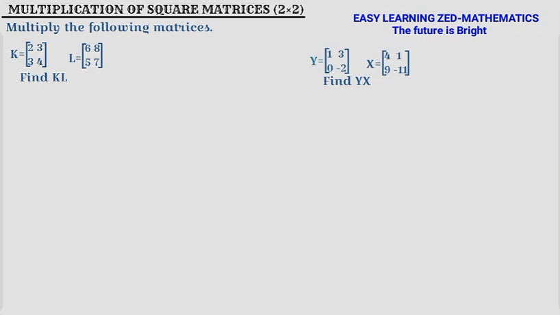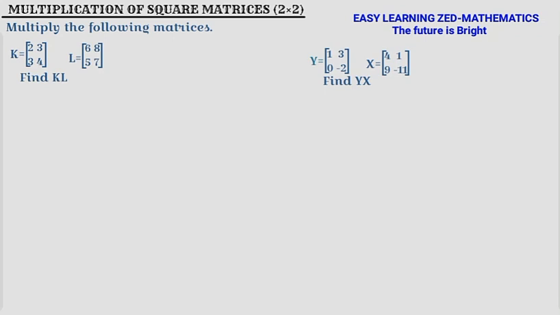Okay, so down here we have the instruction, which is multiply the following matrices. So we are supposed to multiply these two matrices. The first question has matrix K with 2, 3, 3, 4, and matrix L has elements which are 6, 8, 5, 7.